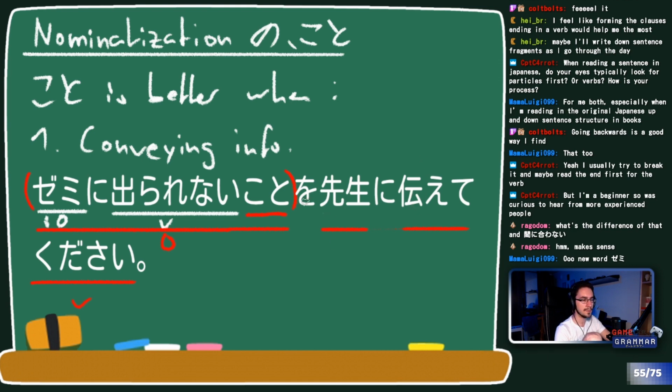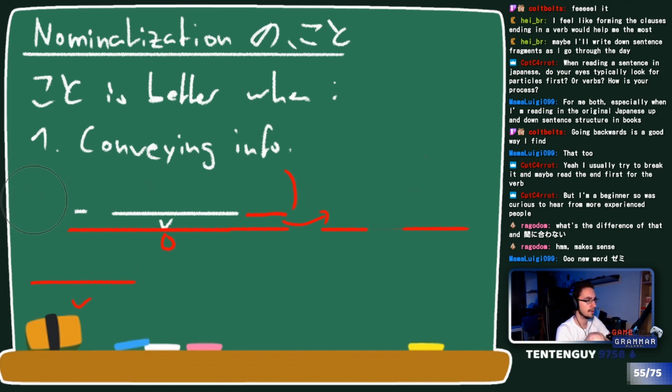Note that all these rules, by the way, don't have as much to do with what's in front of koto, but rather with what's after koto, right? The verb that we use after we've used koto. That's much more important to decide whether we should use koto or not: what we actually want to say about this clause. Not what the clause itself is saying, but what we want to say about it. That's what determines whether we use koto or not. In many cases, at least.